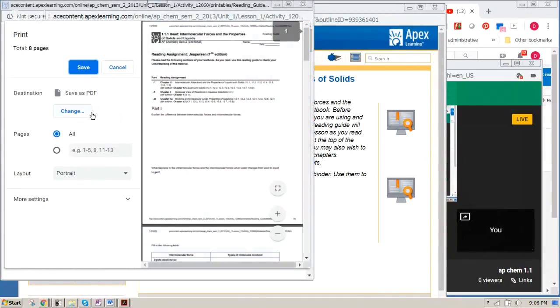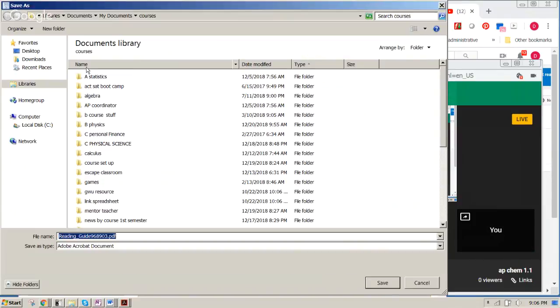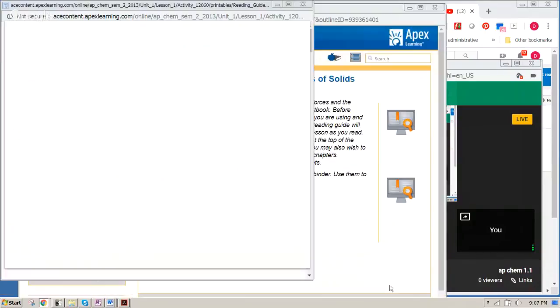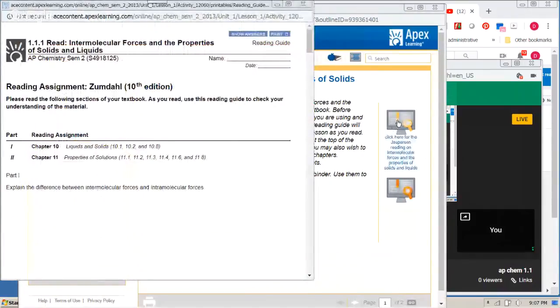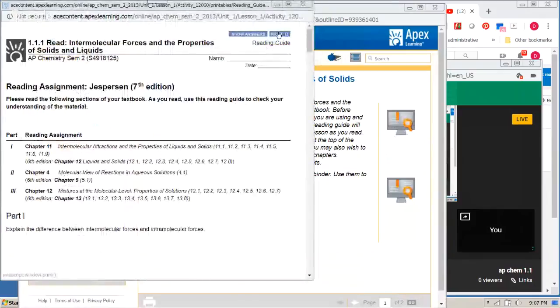I'll just save them both as PDF. Sorry, this is all new to me. I'm just trying to work it out so you can work on this and not feel like you're getting behind. So I'm going to go ahead and get you both of these, send them to you.